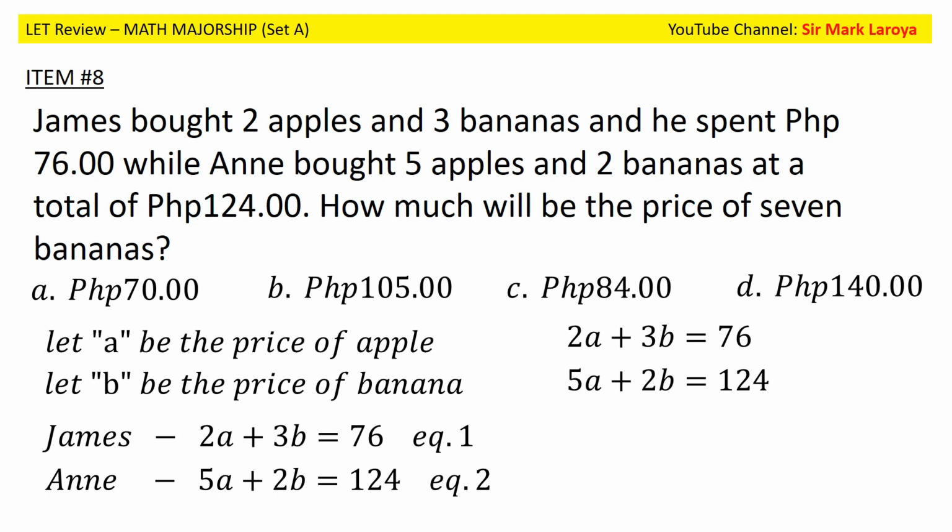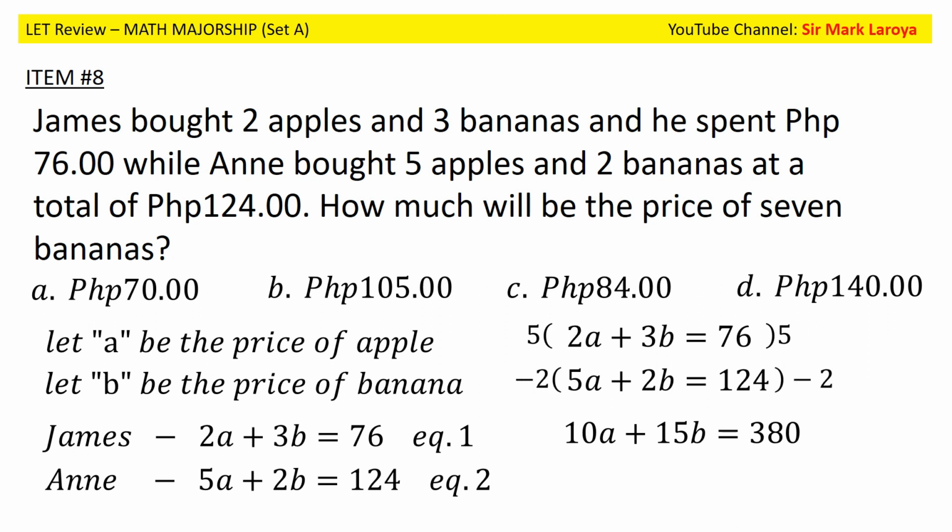Pwede natin gawin dito ay, we multiply the first equation by 5, okay? So, all terms will be multiplied by 5. So, this will become now 10a plus 15b equals 380. Now, next, for equation number 2, we will multiply this by negative 2.